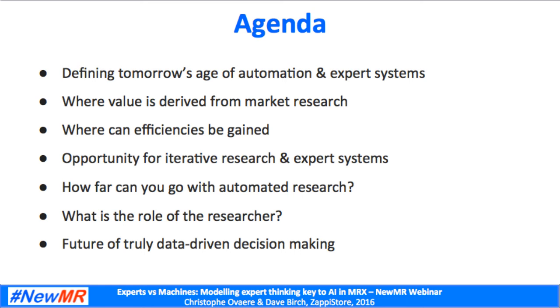Then we're going to look a little bit more exploratory at how far we can go within automated research and within automation in general, and then looking at the role of the researcher, which is a topic that's now becoming familiar on this webcast, certainly.